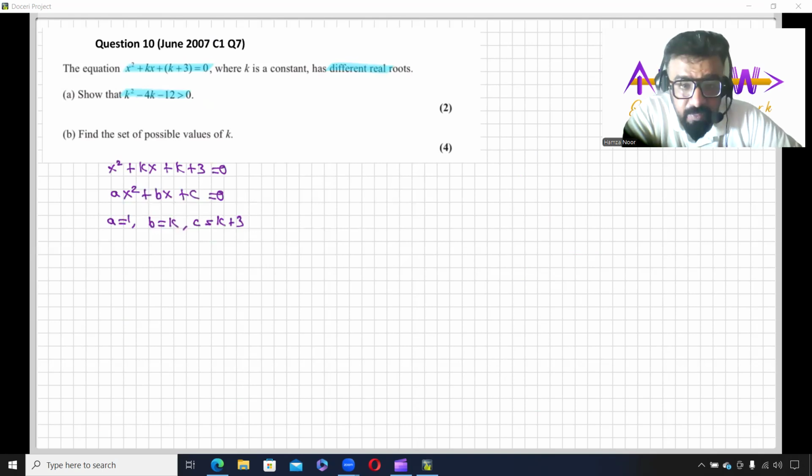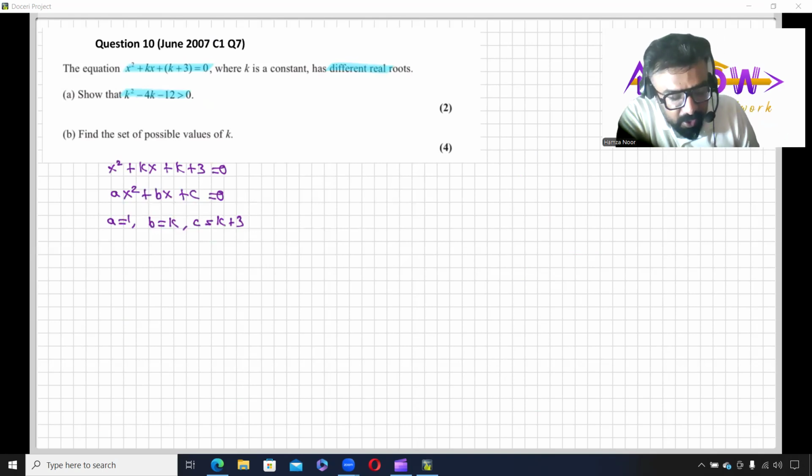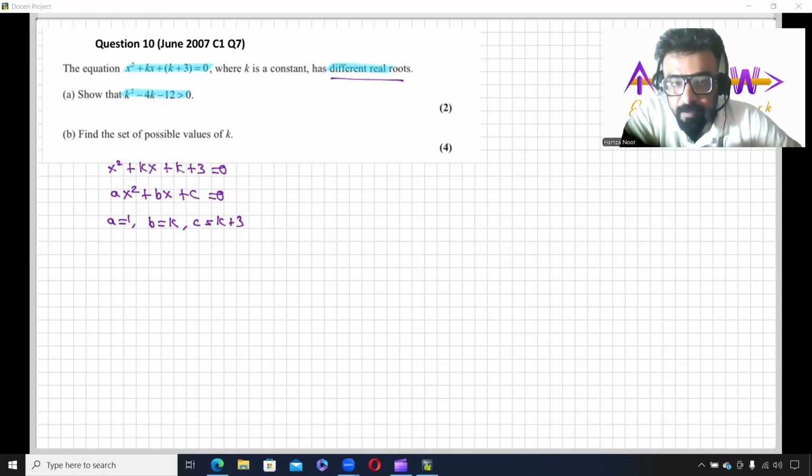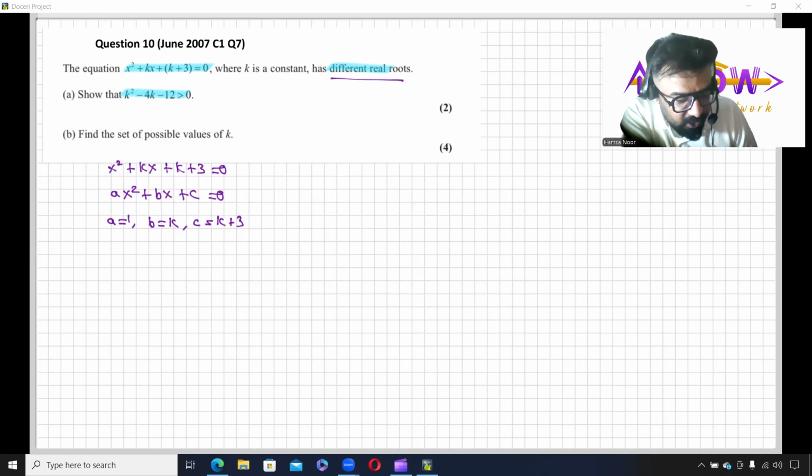Okay, so the condition given to us in the question is that this equation has two distinct roots, meaning when the roots are different, you have two distinct roots. So in this case, b squared minus 4ac is greater than 0.